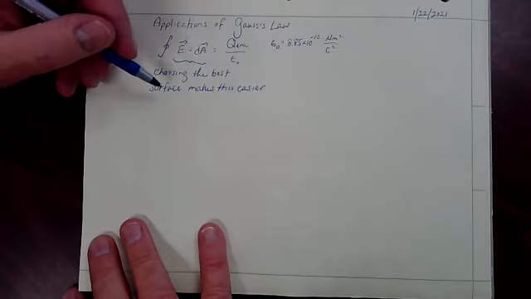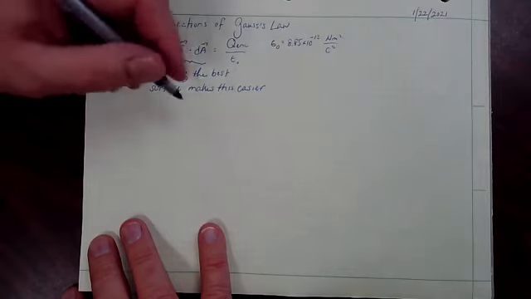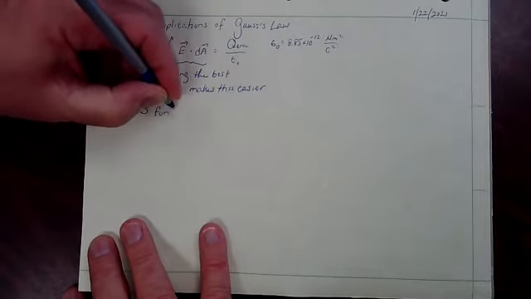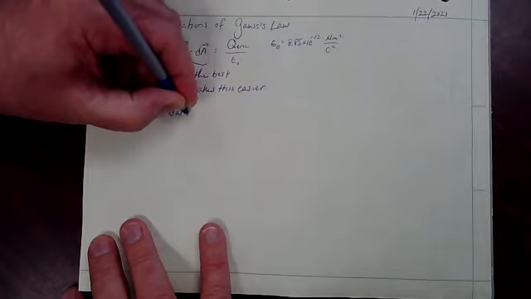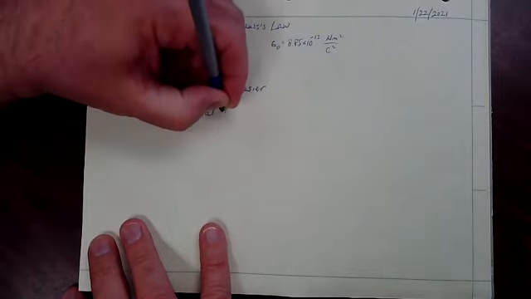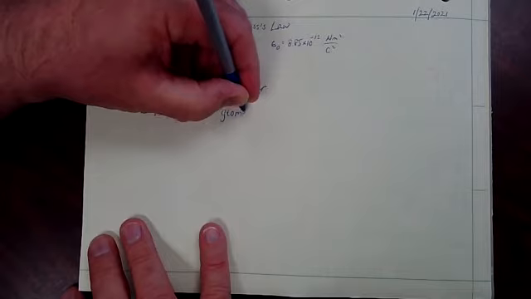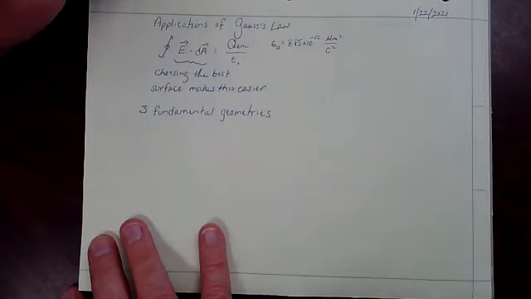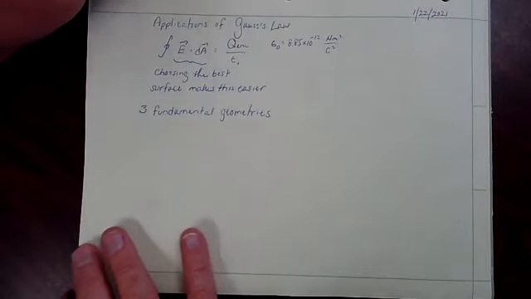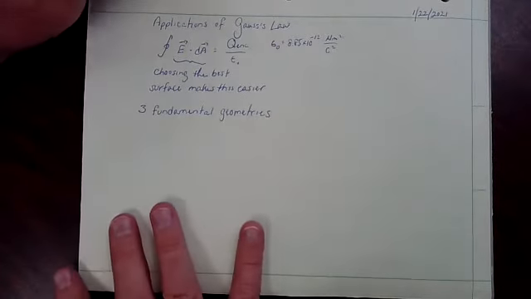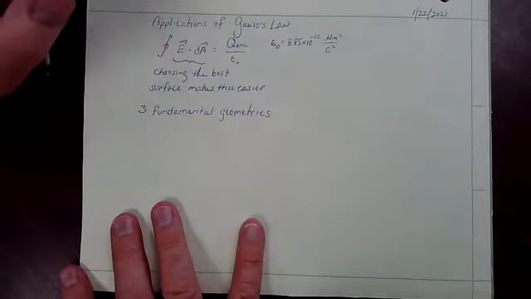Now we're going to take a look at 3 different geometries today. And these are 3 fundamental geometries. They are planar, cylindrical, and spherical. And we're going to hit them all today.